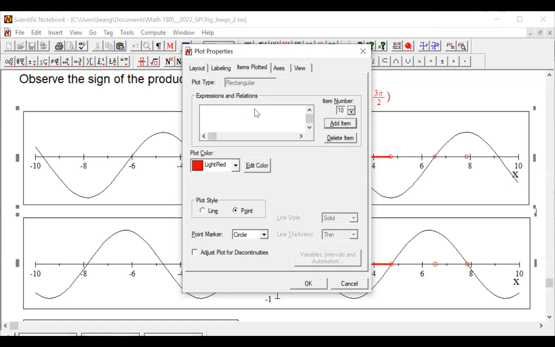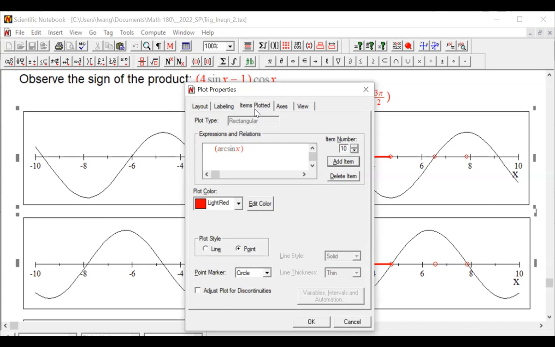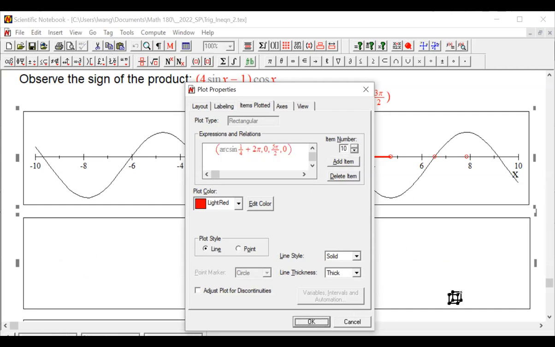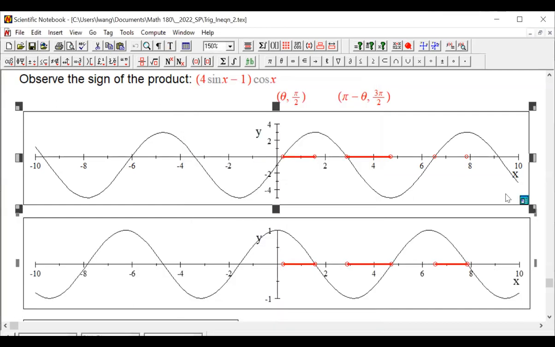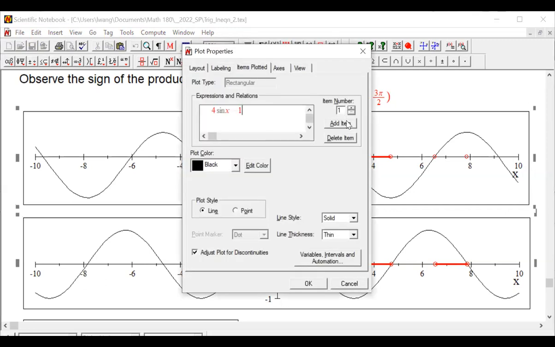That interval is arc sine of a quarter plus 2 pi, comma 0, to 5 pi over 2, comma 0.